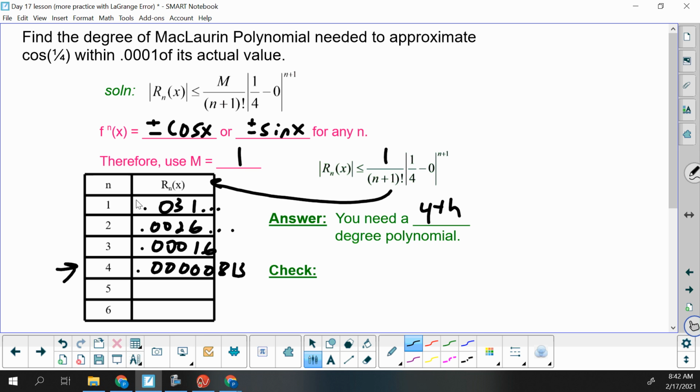Now just to check it, just to show you that it works, cos of a fourth, if we put it in, is 0.9689 and some other stuff.